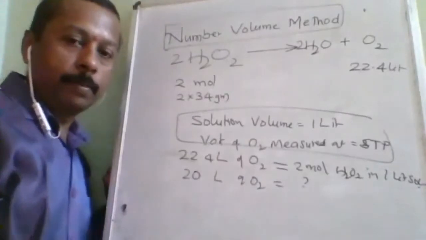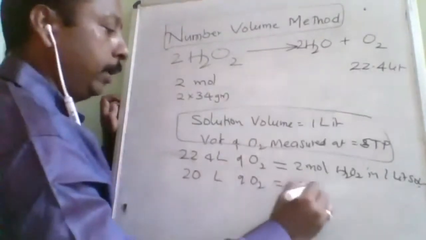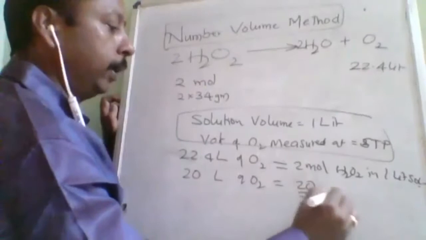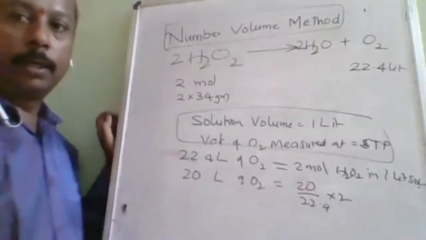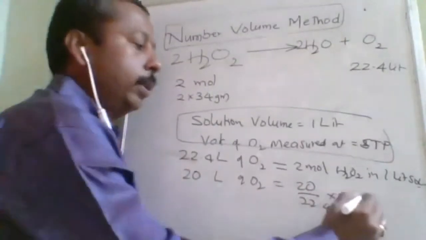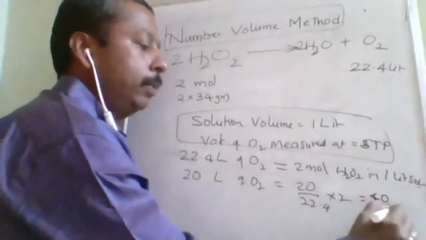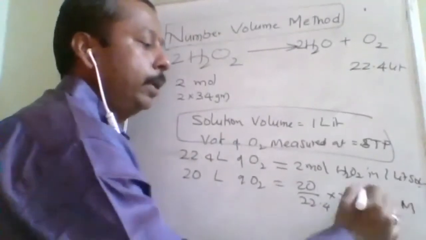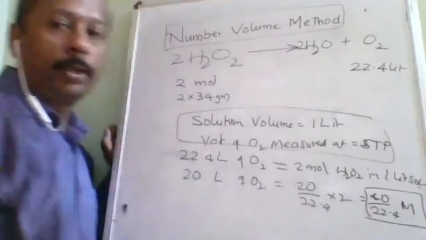By the unitary method, 20 by 22.4 into 2, that is 40 by 22.4. This is going to be the molarity.